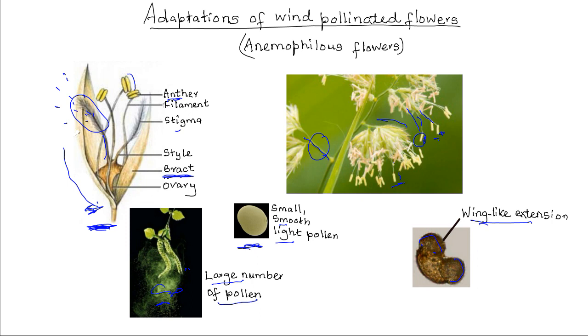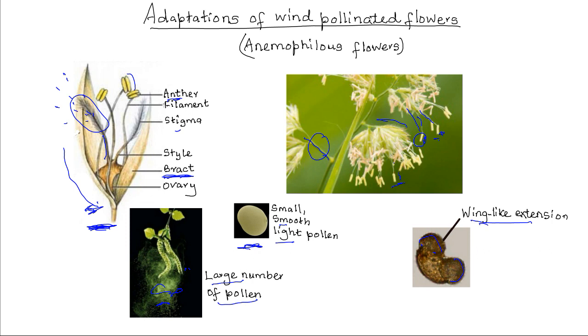So these flowers stand alone, exposed to the wind to facilitate carrying away of the pollen grains and exposure of the stigma to the wind for pollination. So these are the general features or structural adaptations of wind pollinated flowers.